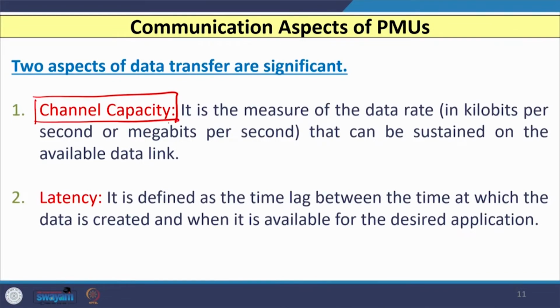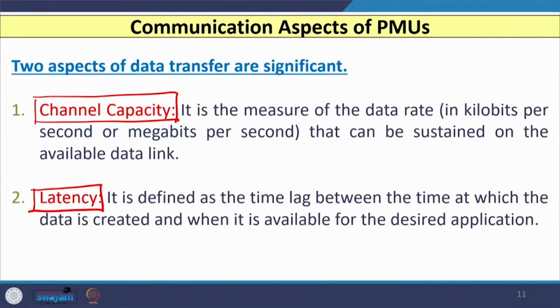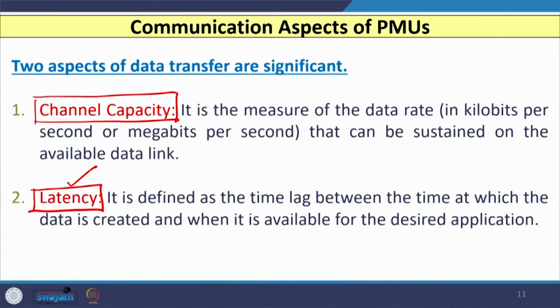Channel capacity is nothing but the measure of the data rate, normally in kilobytes per second or megabytes per second, that can be sustained on the available data link. The second aspect is the latency, and latency is defined as the time lag between the time at which the data is created and when the data is available for a particular or desired application. That time difference is known as the latency.